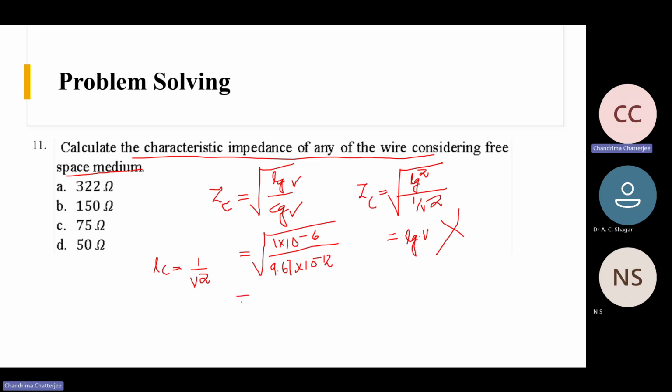You just calculate this and you will get something like 321.5. Yes, ma'am. Got it. Right? Okay, so here option A is closest. 322. Fine.